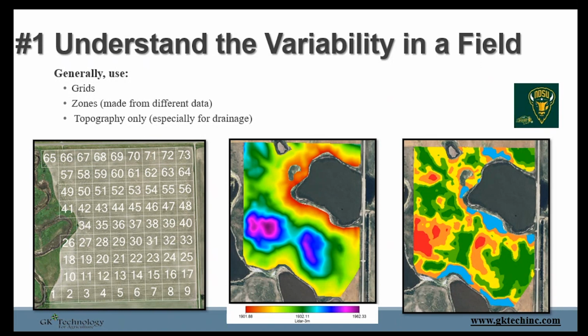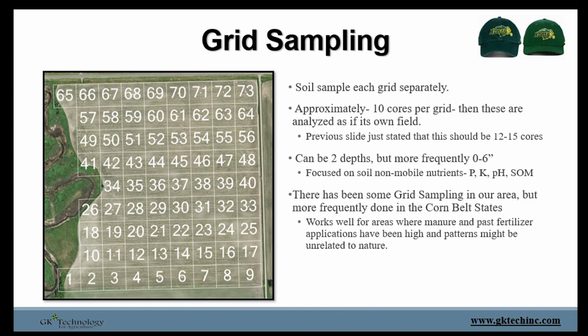But let's talk about the difference between grid sampling and zone sampling, because it seems like the roots of precision agriculture really were in soil fertility and soil sampling, to try to figure out where the differences in different soil constituents were across the field.